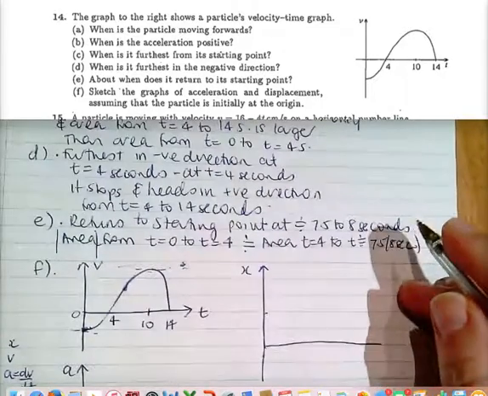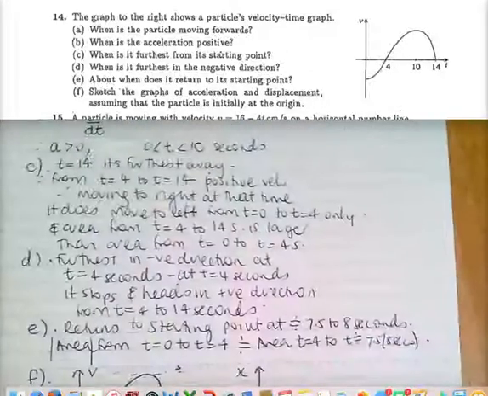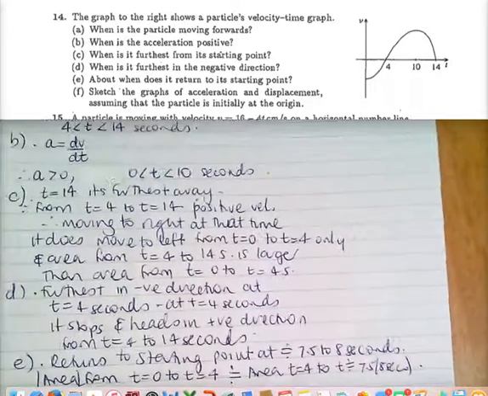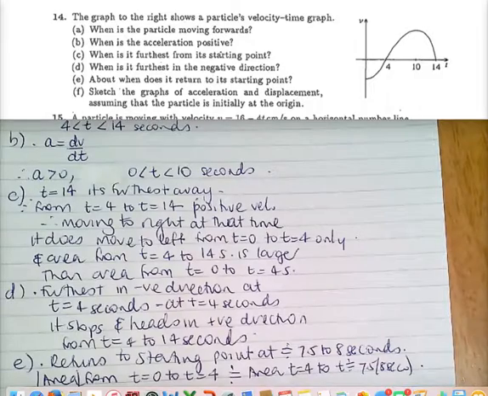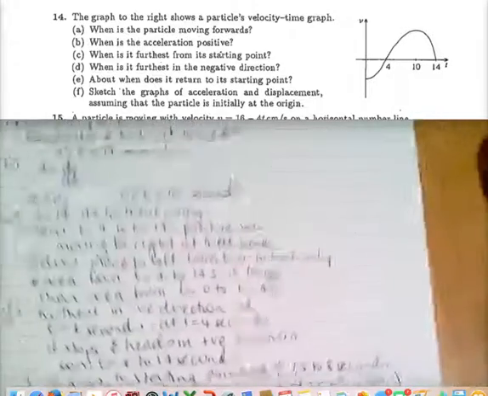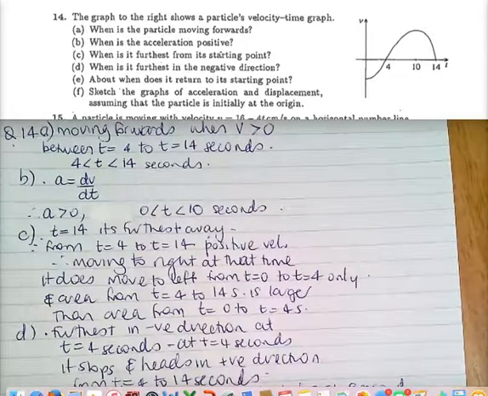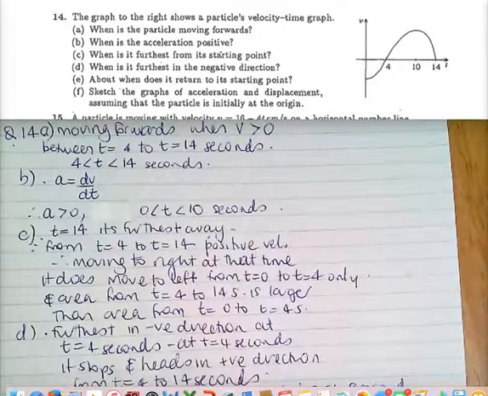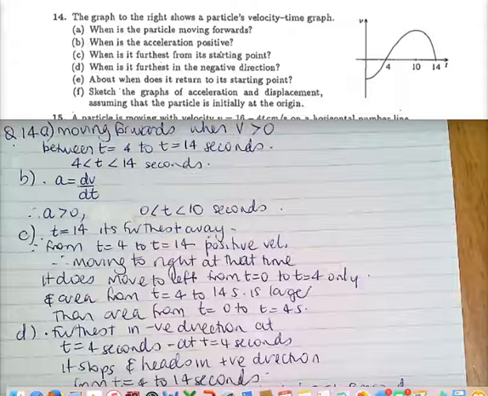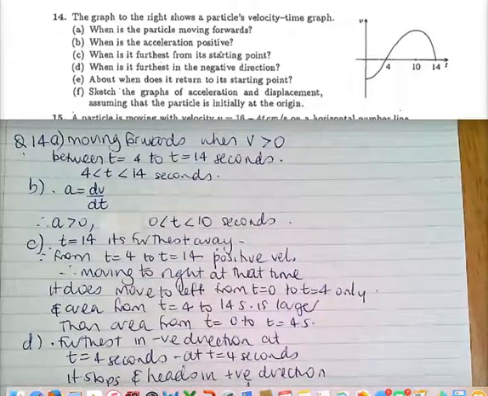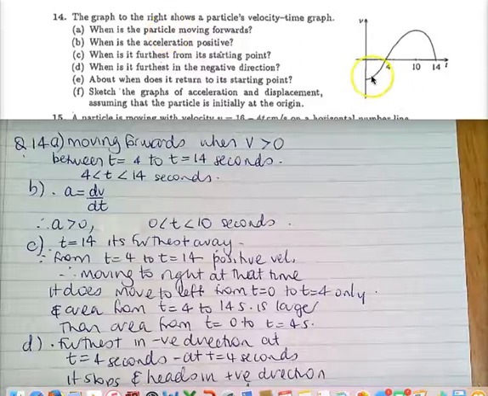If we just go back and look at what we did, it's moving forward from time equals 4 to 14 seconds, and it's also moving backwards from time equals 0 to 4 seconds because the velocity there is negative.